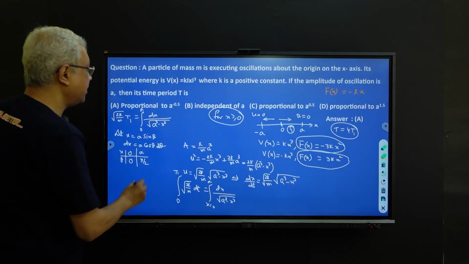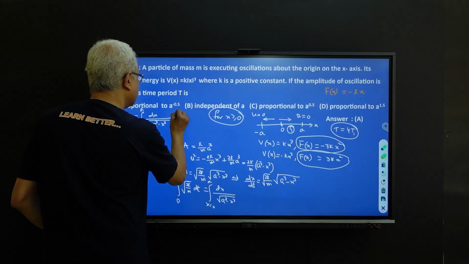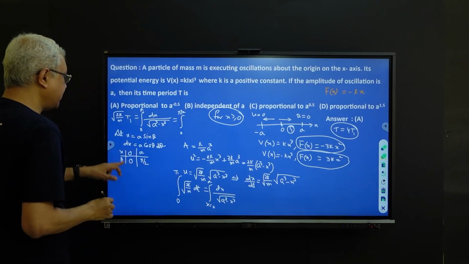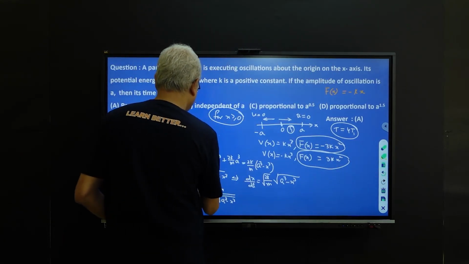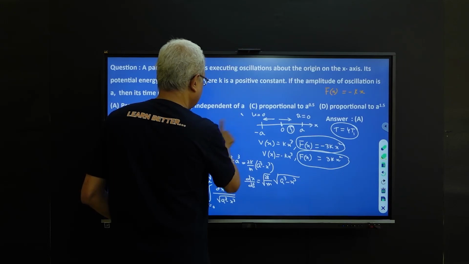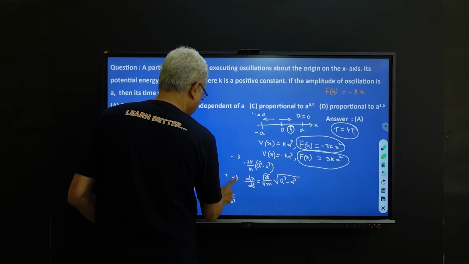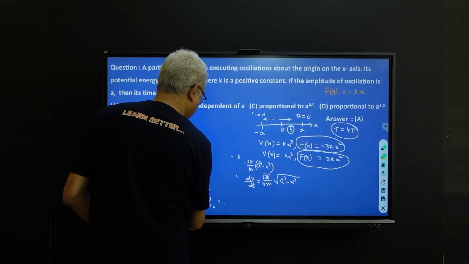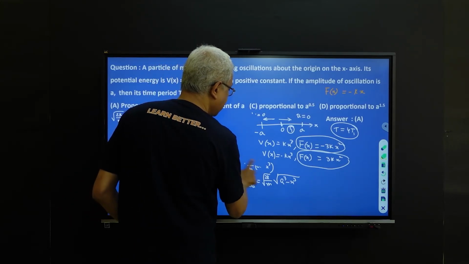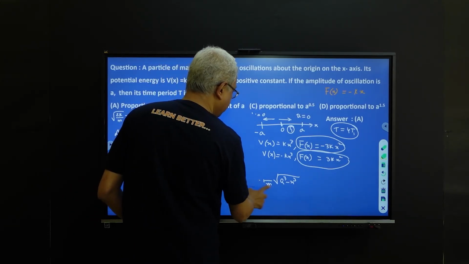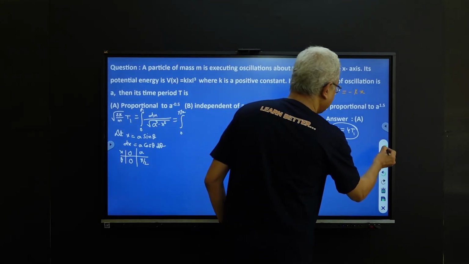So I can write this integral as 0 to pi by 2, dx I can write as a cos theta d theta. So let me remove all these things. Remember, we are doing all this calculation when x is greater than or equal to 0. I hope there is no doubt about it. So let me just rewrite.